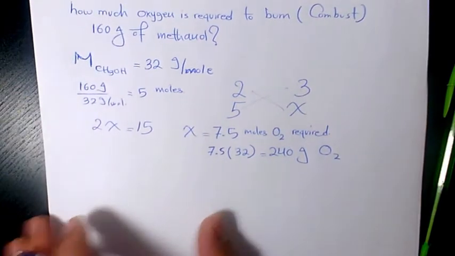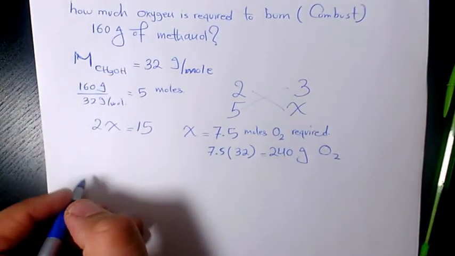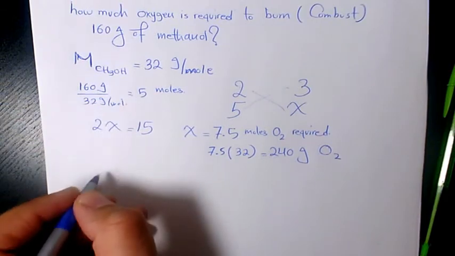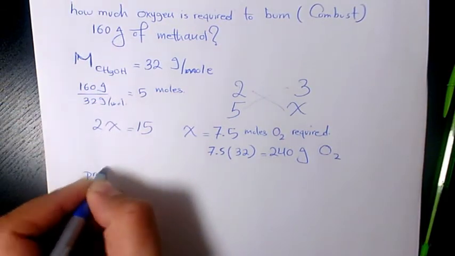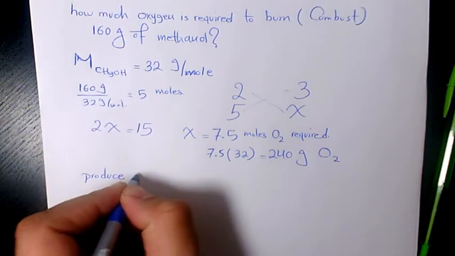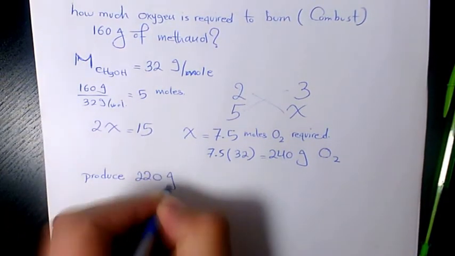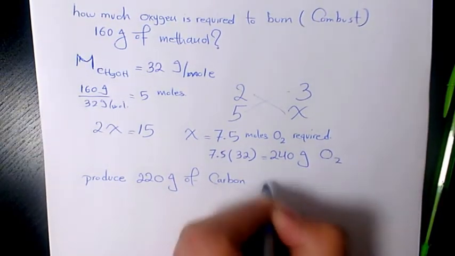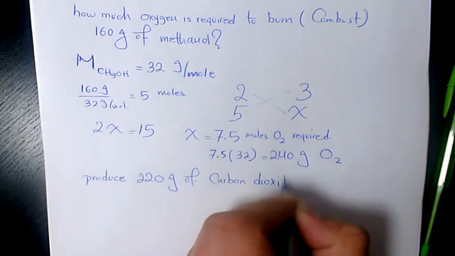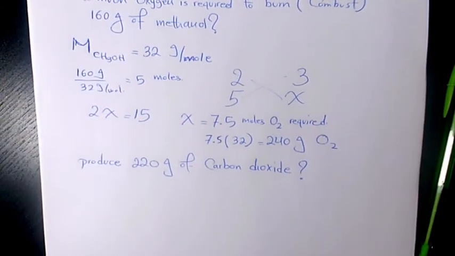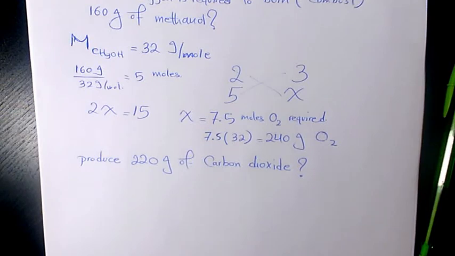And for the second part of this question, if somebody asks you, if I want to produce 220 grams of carbon dioxide, how many grams or how much methanol do I need to have?